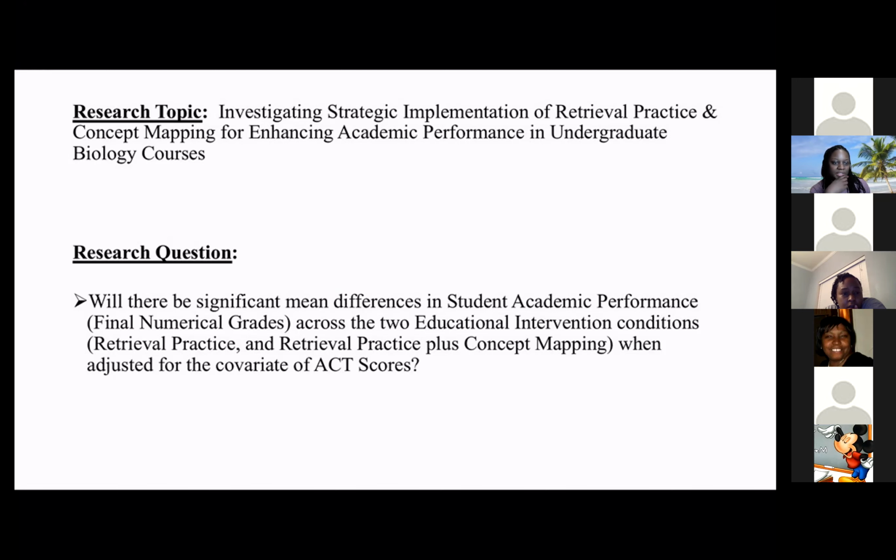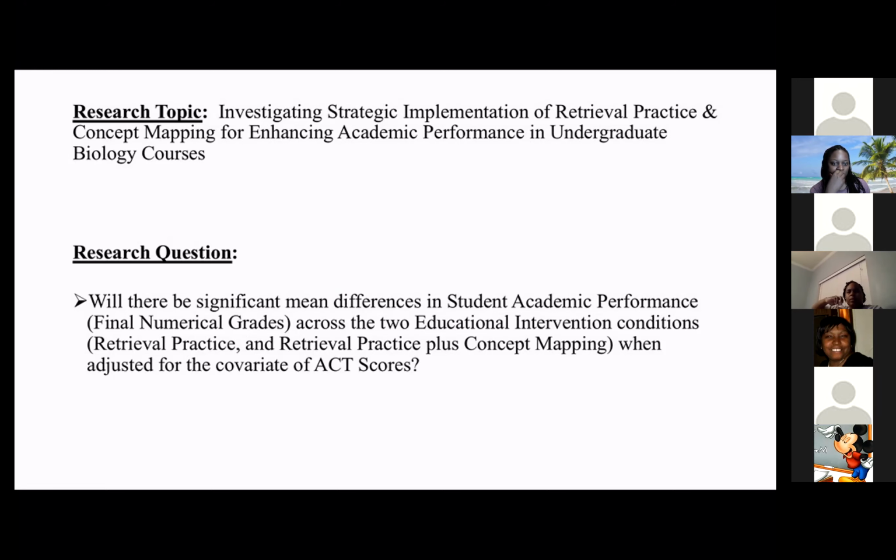Okay, so tell us a little bit about what you plan on doing. I plan to utilize the statistical technique of analysis of covariance to determine the academic effectiveness of the learning technique of retrieval practice compared to concurrent retrieval practice and concept mapping.